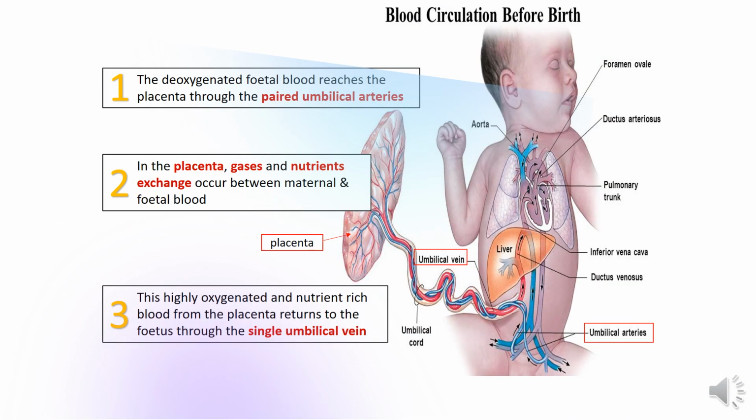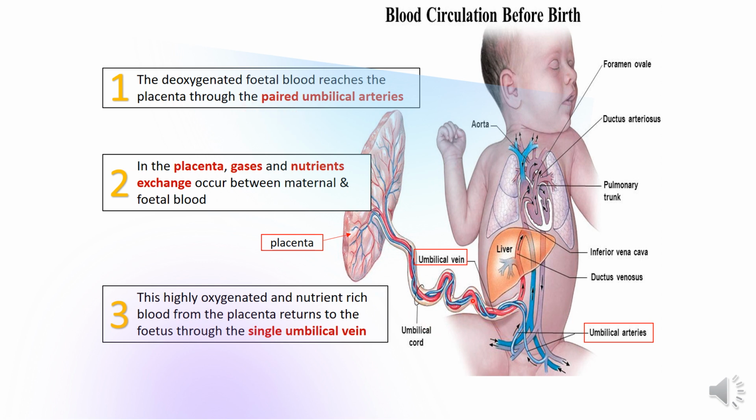Okay, how does the blood circulation look like? Alright, it is easy for me to explain to you by putting numbers. It is a cycle, so that means it is not like it starts here and ends here. No, it is a cycle. So let's begin from number one. Number one is the deoxygenated fetal blood reaching the placenta through the umbilical arteries.